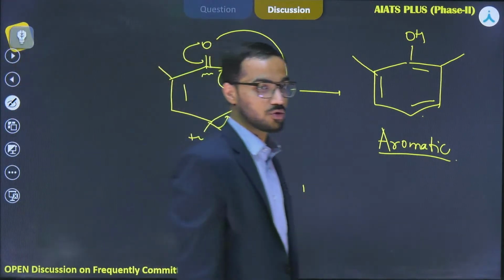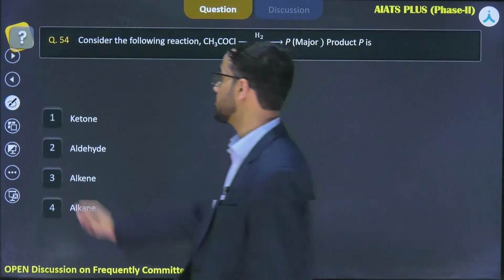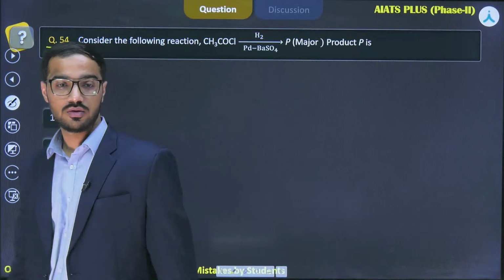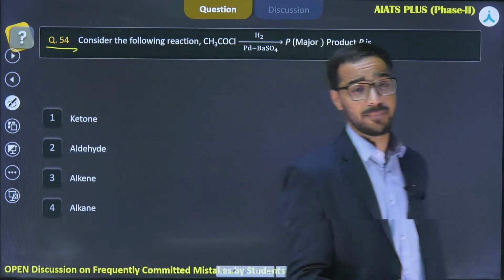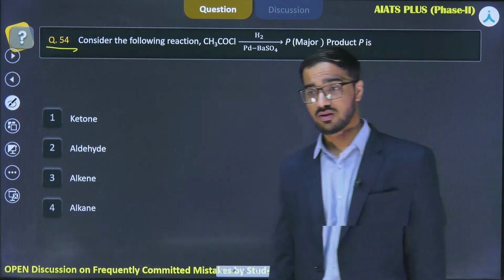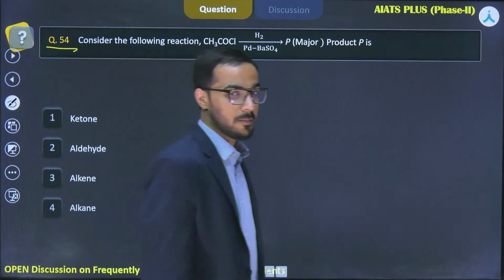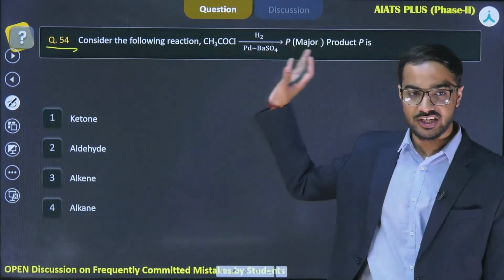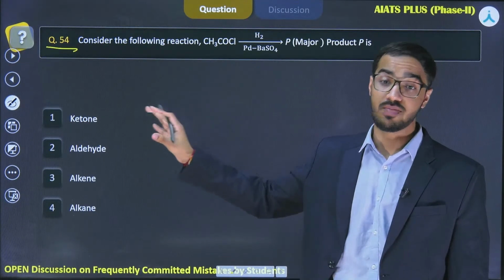Okay, let's move to the next question. Question number 54. Please try to attempt it first, okay? This is one of the simplest questions. Please try and give me the correct answer. The reaction given here is one of the most important name reactions.